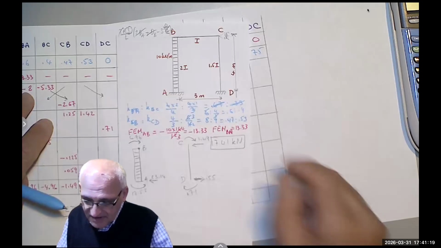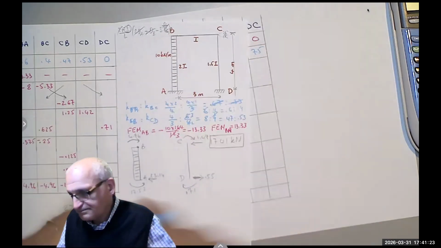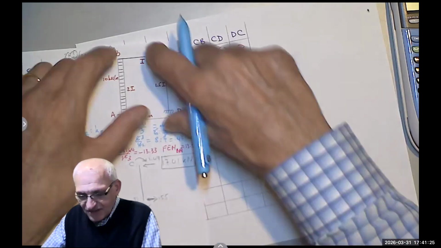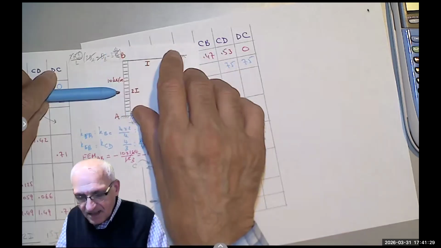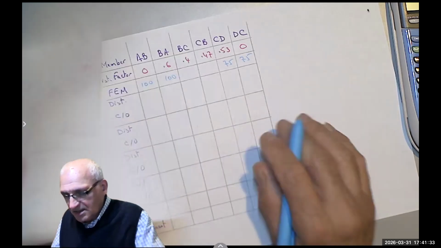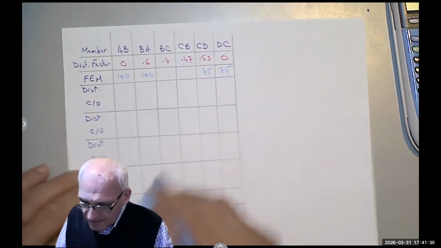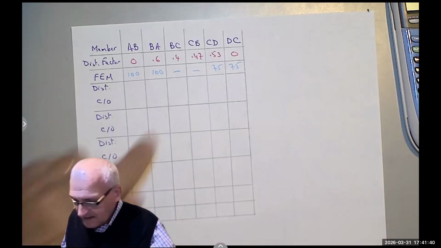Positive moment, meaning I'm going clockwise and clockwise, because that's what the sway of the 10 kilonewton would do. It will go in this direction. And here we don't have moments.